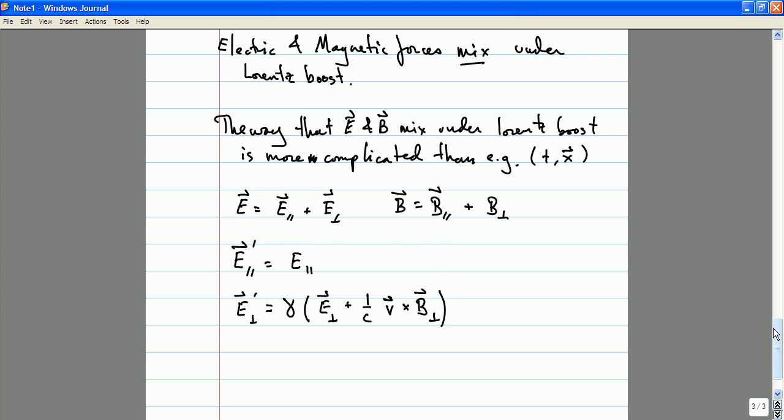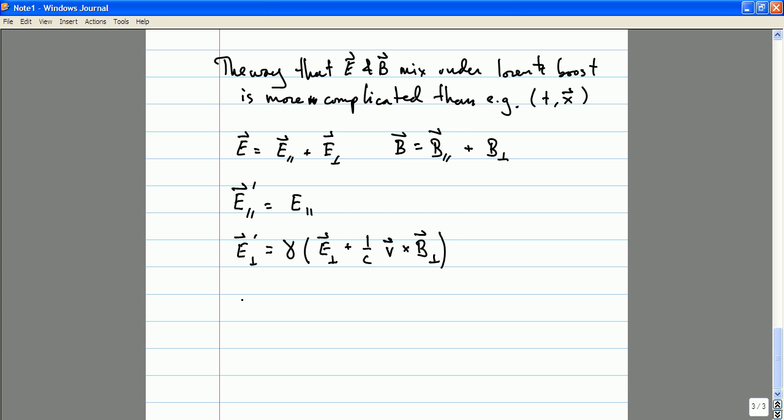So the components of the electric and magnetic field parallel to the direction of motion are unchanged, but the components of the electric and magnetic field perpendicular to the direction of motion will change.